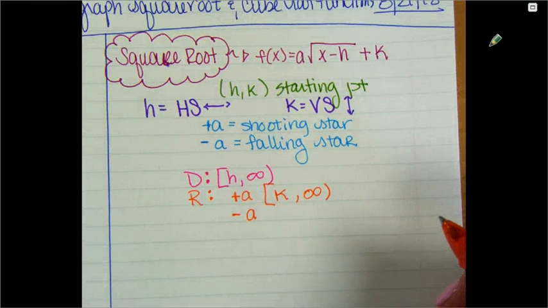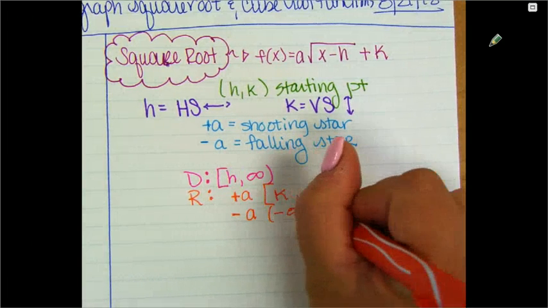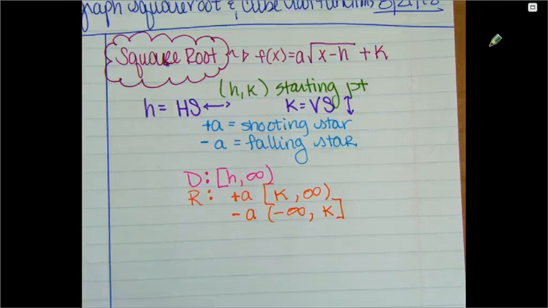So you're starting here and then you're dropping down. If you're negative, where are you starting? Negative infinity. And you're going to where? That one, you're going to K. Good?